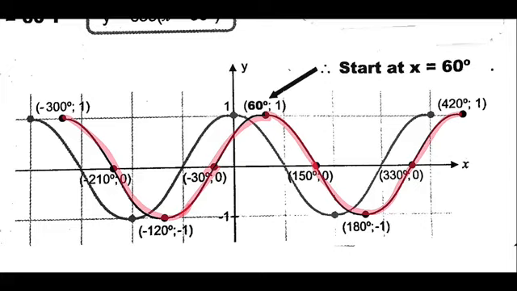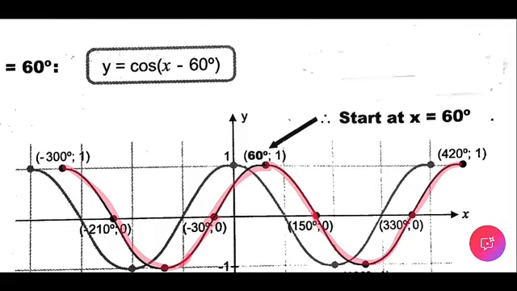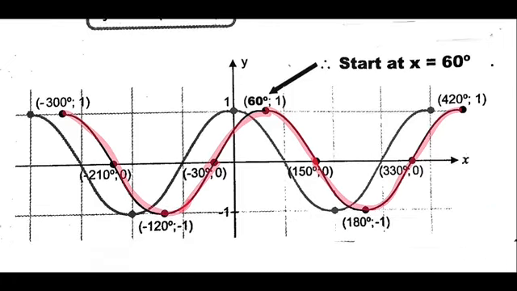Now the graph moves 60 degree to the right, so we start at x equal to 60 degree. The starting point is no more 0 and 1. It's going to be x value 60 degree and y value 1.